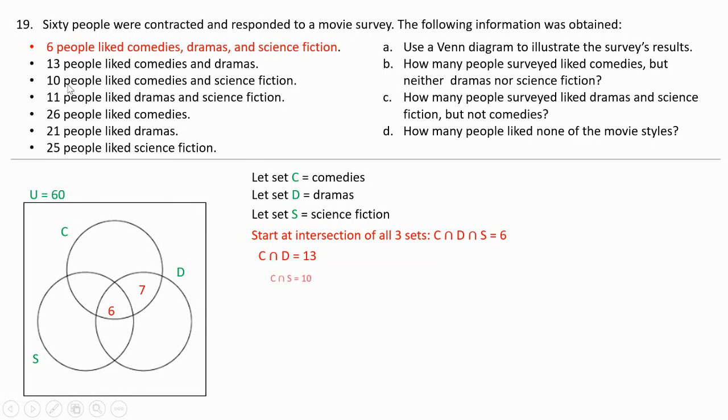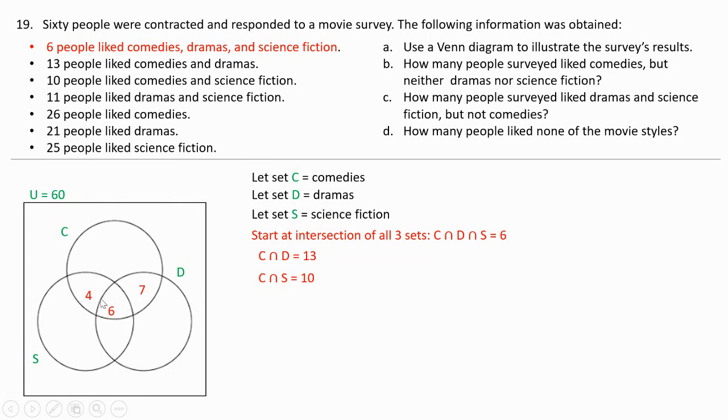Then we go to the next part, which is 10 people like comedies and science fiction. So comedies intersect science fiction is 10. Here's comedies and science fiction, this part here. This is a part that we have to take into consideration. It's already 6, so this has to be 4. So 4 goes there because the intersection of C and S is 10.